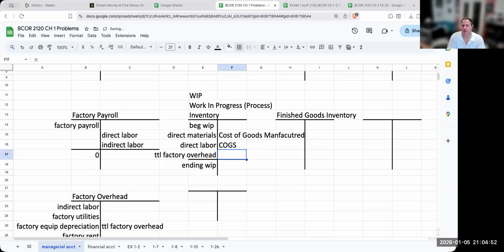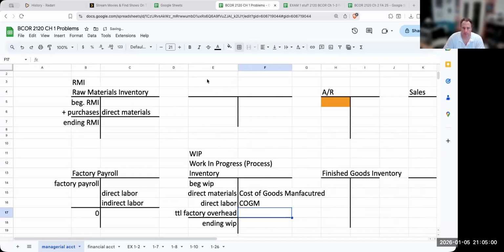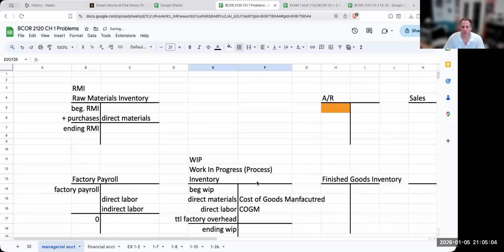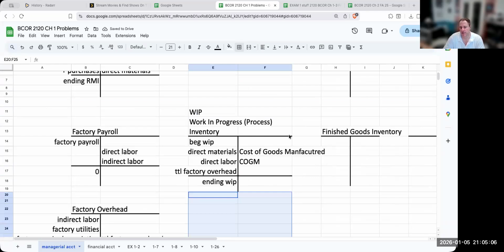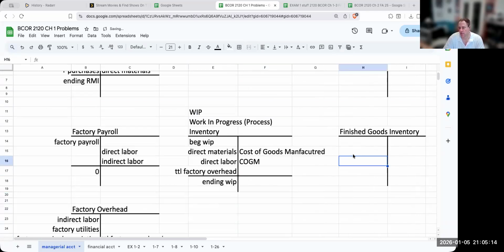What you'll typically see is classes that want you to produce a statement of the cost of goods manufactured. That to me drives me bananas. You need to do it in T accounts. Trust me, if you don't use T accounts, especially if you're taking my class, you're going to be done.